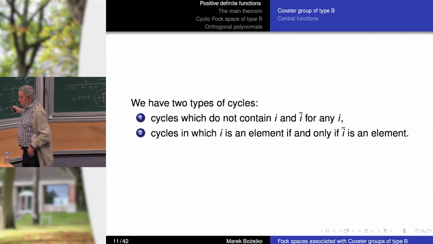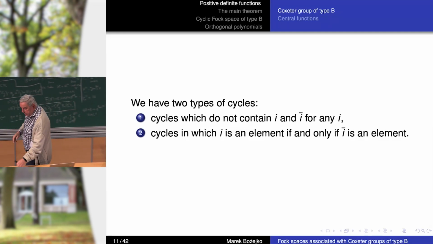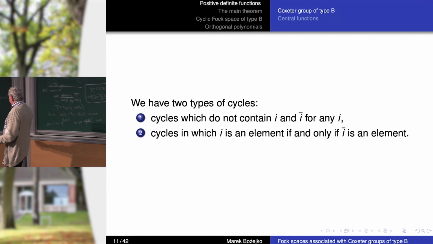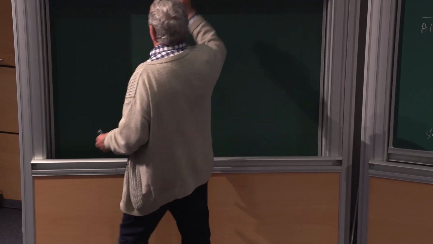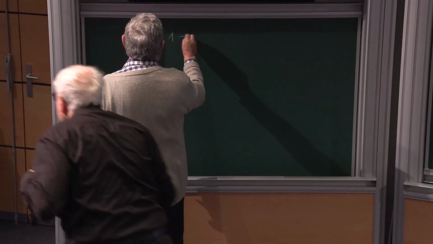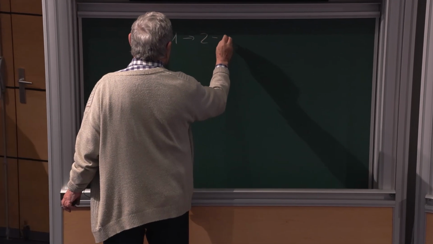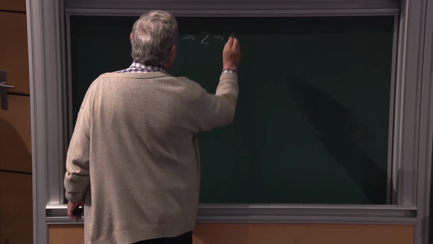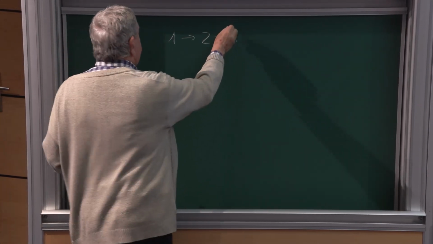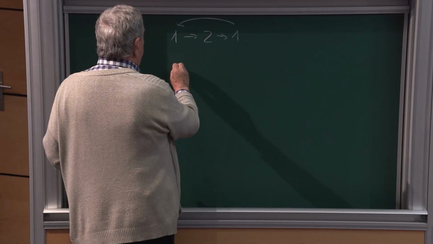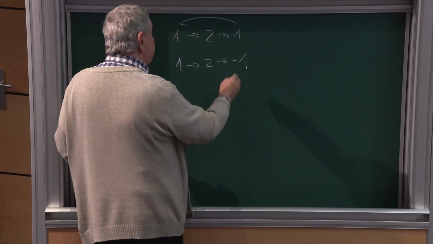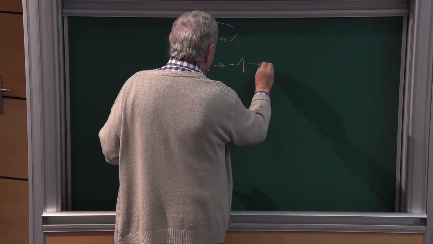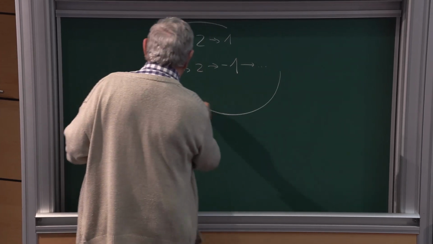That we have two types of cycles, because if you have cycles in the negative business, so you have a cycle, let's say 1 comes to 2, comes to maybe 1, this is a cycle, and then comes back. But you can also go 1, 2, to -1, and then comes again and comes to 1.